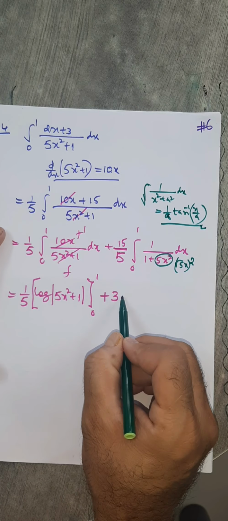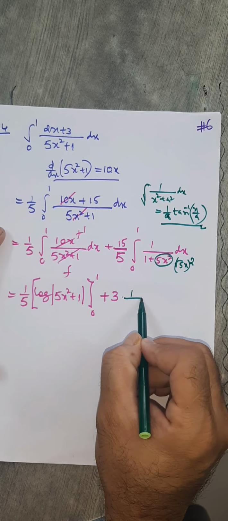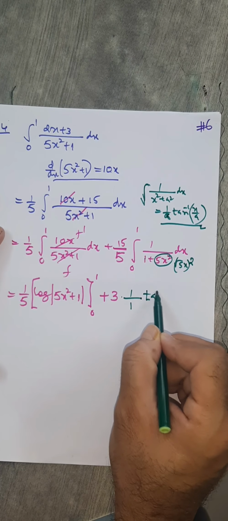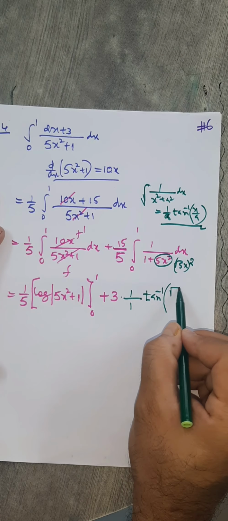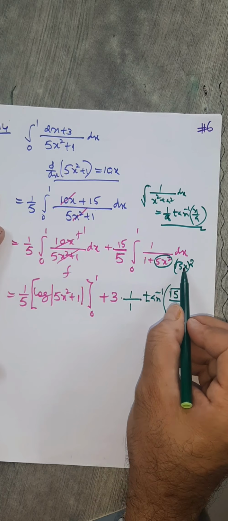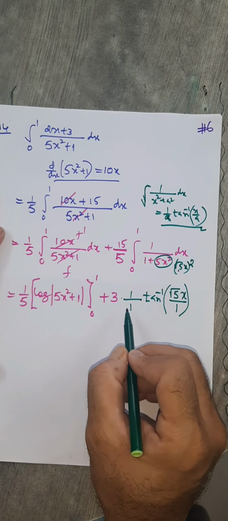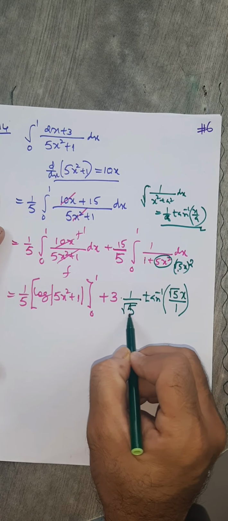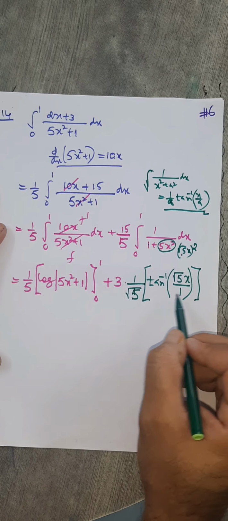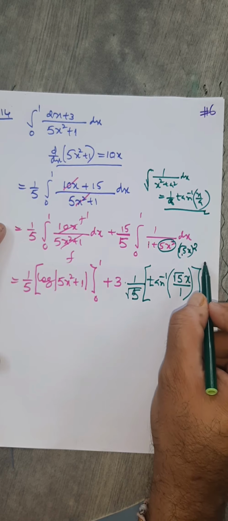So here 3. What about this? 1 upon a, which means 1 here, into tan inverse x by a. That is root 5 x by a, which is 1. Remember the coefficient of x is root 5, so I need to write upon root 5 here. Coefficient of x upon root 5, and then the limits are from 0 to 1.